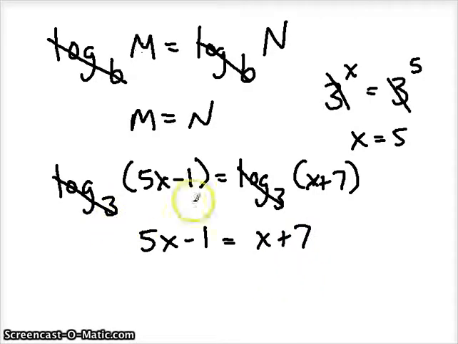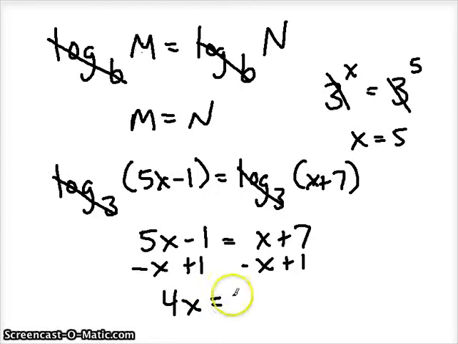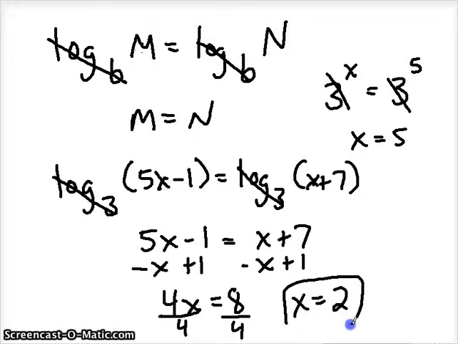But again, that only works as long as your bases for your logs are the exact same. So to solve for x here, we could subtract x, and we could add 1. So we get 4x equals 8. And then divide by 4. And get x equals 2. So we can use that property to solve for something that's missing or unknown.